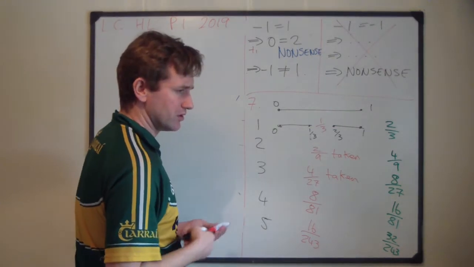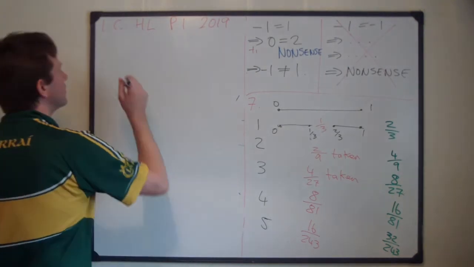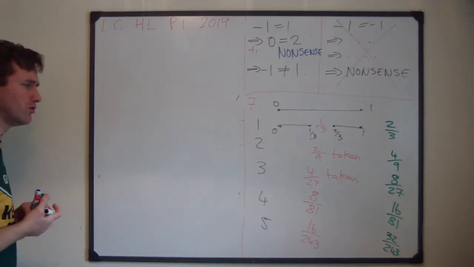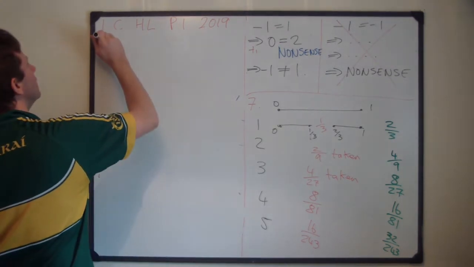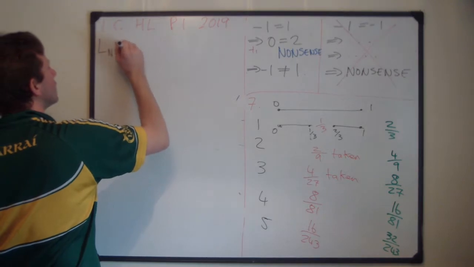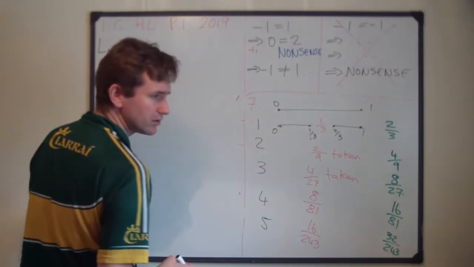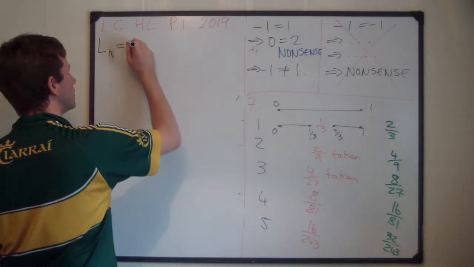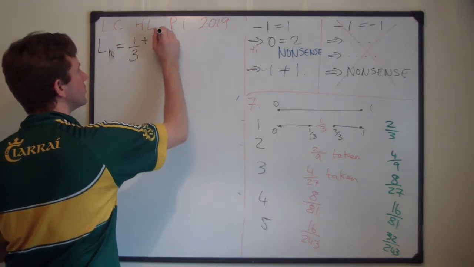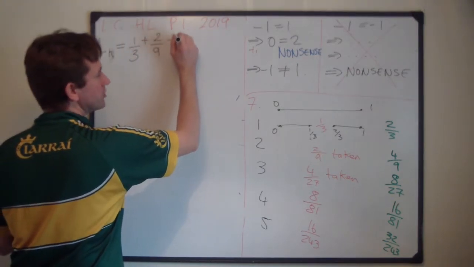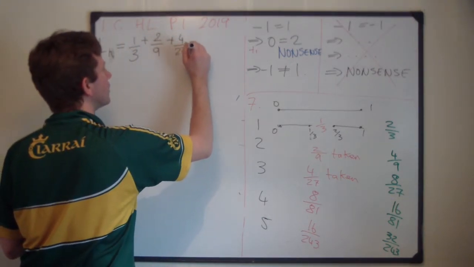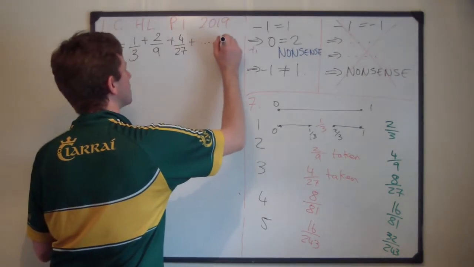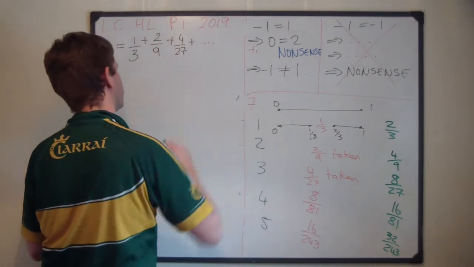So what have we got here? So the total length taken away, now we've got no notation here, so I'm going to call this Ln. It's equal to, so this is after n steps, 1/3 plus 2/9 plus 4 over 27 plus, dot, dot, dot, and there's n terms.